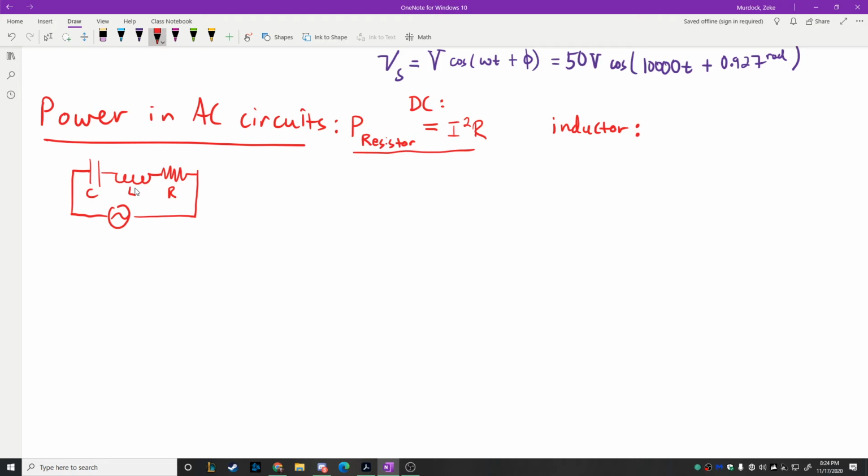And when the power is negative, the magnetic field is going to be collapsing, so the inductor is basically returning energy to the source. So for the inductor, half the time it's going to be positive and half the time it's going to be negative. The power for the inductor is going to be positive when the source is delivering, when the magnetic field is building up.